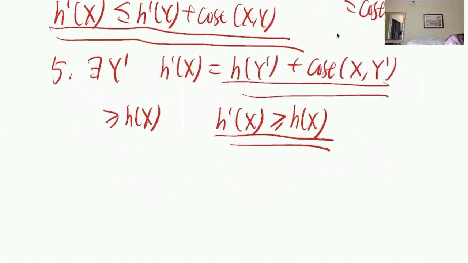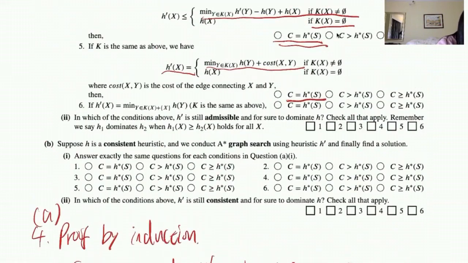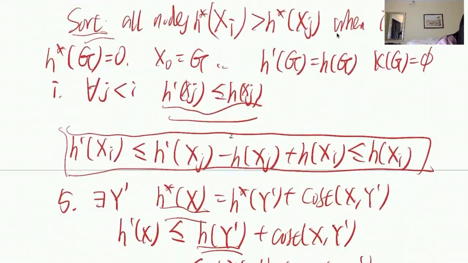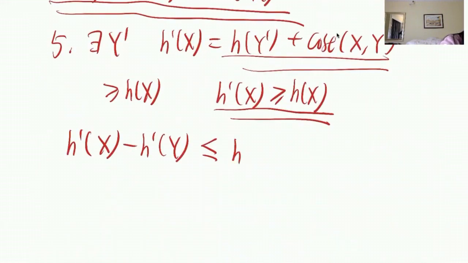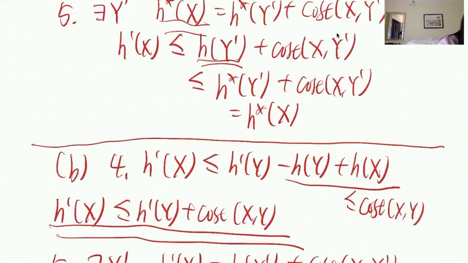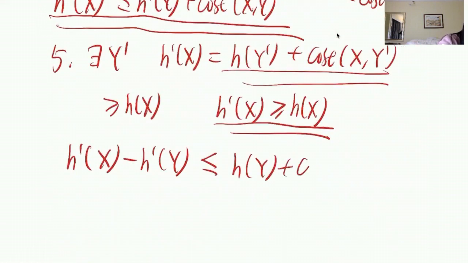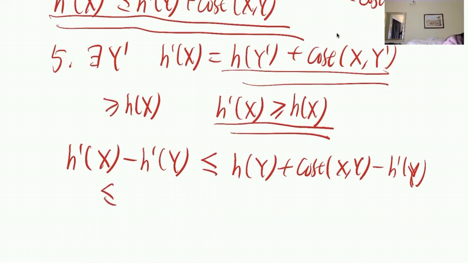With this fact, we can prove that when we subtract H prime Y from H prime X, it is not greater than HY plus cost XY minus H prime Y. We know that H prime Y is greater than HY, so this is also not greater than cost XY.